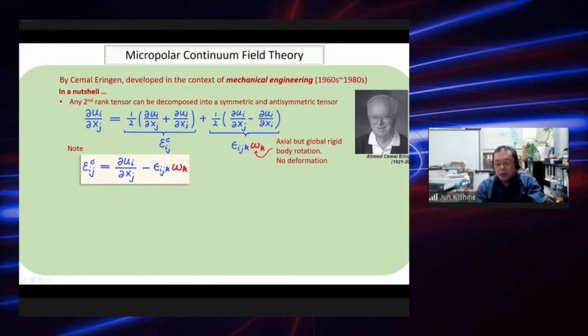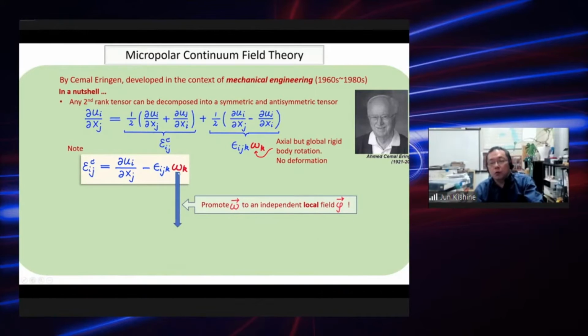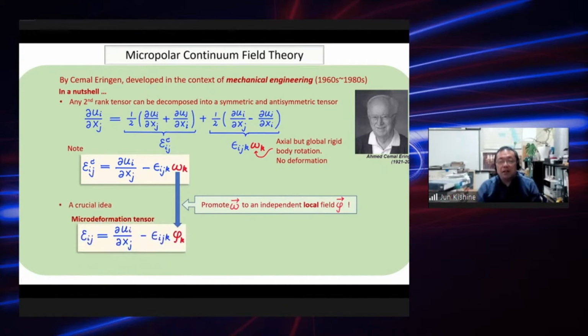But let us observe that this Cauchy strain tensor can be written like this. Here still omega appears. However, let us promote this omega field to an independent local field phi like this. Let us elevate omega to independent. Not a dependent, but independent field like this.